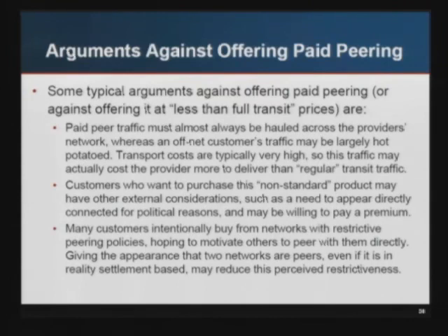Now it looks like this network got peering with Sprint, and I, as an outside party, have no idea. I don't know that they're paying. It looks to me like it's a peer, and so that motivates me not to use Sprint, in this example, as a restrictive transit provider.